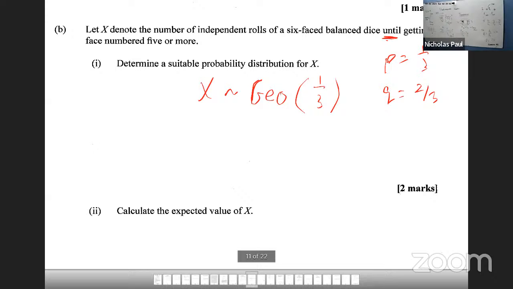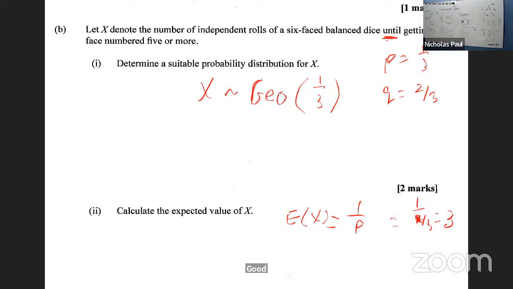Find the expected value. Expectation is what for geometric? 1 over P, which is 1 on 1/3, which is 3. Right, so the expectation is 3.